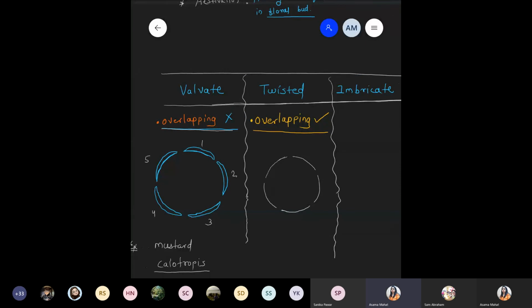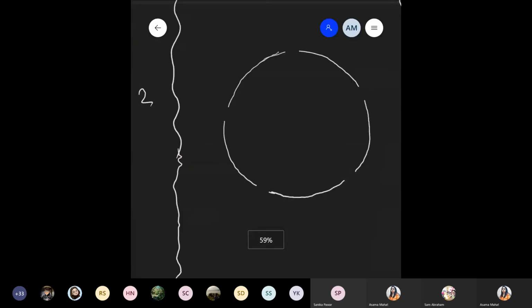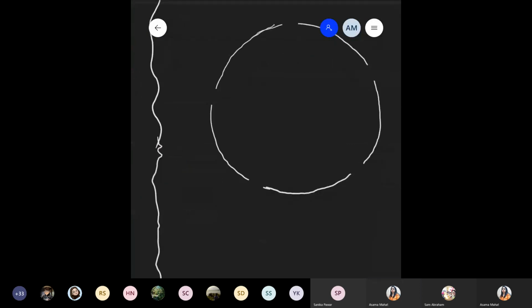So now in this condition, first of all, I just draw the structure. Just wait. So in case of this overlapping, we are talking about number 1.